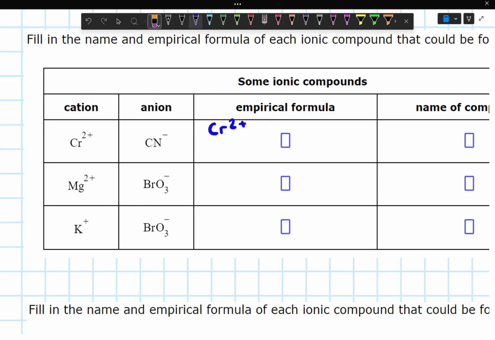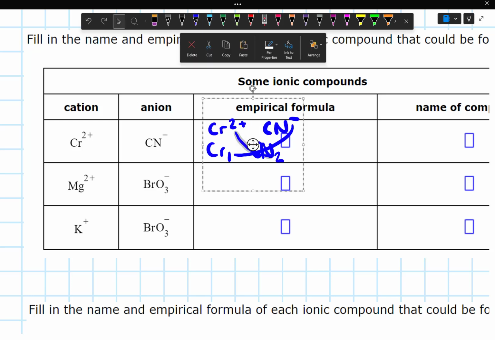So if we have chromium 2+ and cyanide, which has a 1- charge, we can find our empirical formula by bringing the positive charge to one side and the negative charge to the other, and writing out our formula.